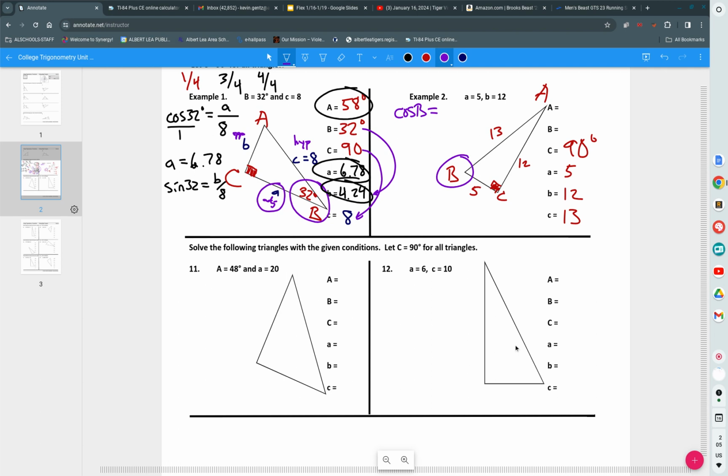Here we go. Cosine of B is equal to adjacent over hypotenuse. So I have 5 over 13. But suppose Gina says, no, I don't want to use cosine. I want to use tangent. Because tan makes me think of someplace warm and being in the sun. So she could have chosen tangent.